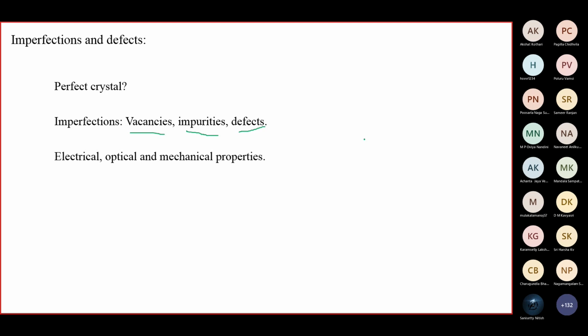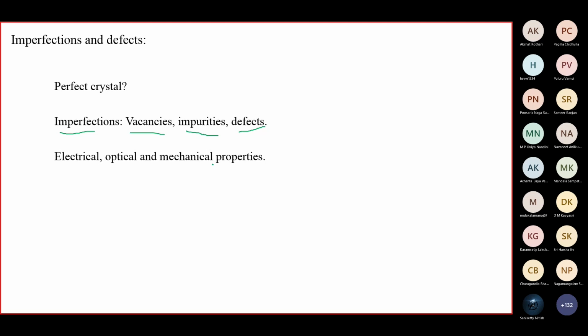But if the material has more imperfections, if it is full of vacancies, impurities, or defects, then whatever electrical conductivity, electrical response, optical characteristics, and mechanical stability we expect, we may not get.